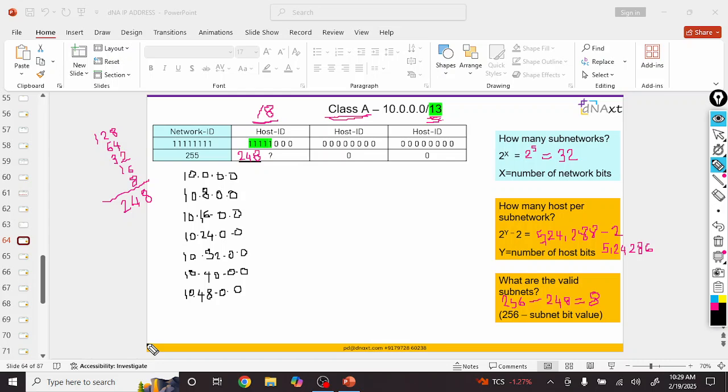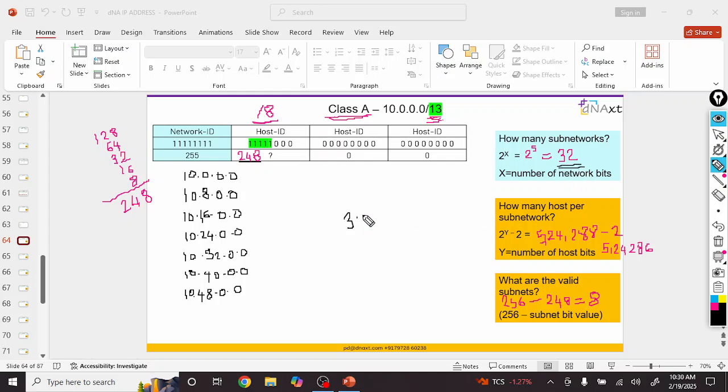This will go on with an increment of 8: 10.56.0.0, 10.64.0.0, 10.72.0.0, 10.80.0.0, 10.88.0.0. So in total we will get 32 subnetworks.